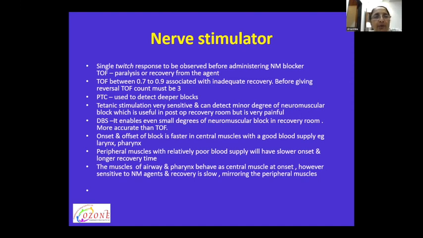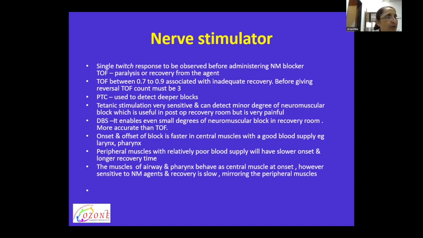The single twitch response is observed before administering the neuromuscular blocking agent. A supramaximal stimulus is selected after giving sedation and before giving the muscle relaxant, and the current comes to about 45 to 50. This is taken because under anesthesia we have to give a maximal stimulus so that we can observe the responses. Now, what is observed in train of 4?